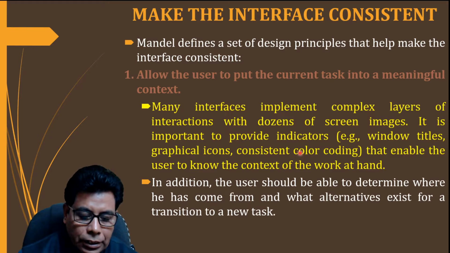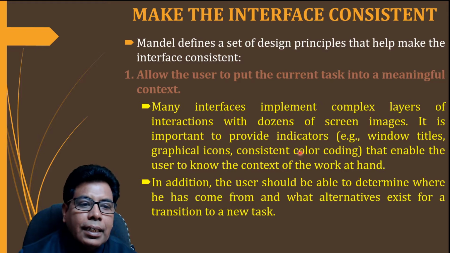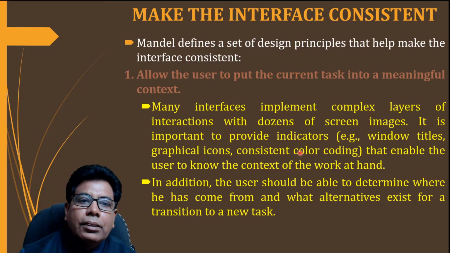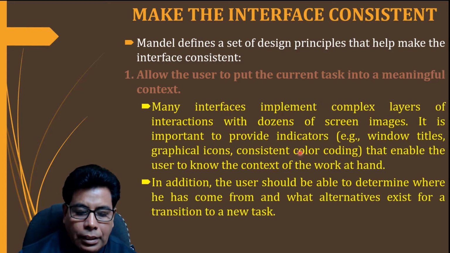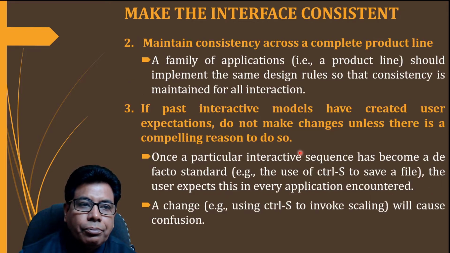Then in addition, the user should be able to determine where he has come from and what alternatives exist for a transition to a new task. So that is the navigation of the user. It should be known to him. That is another principle which should be followed.